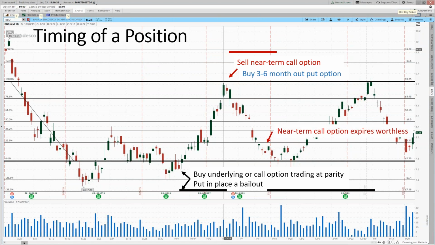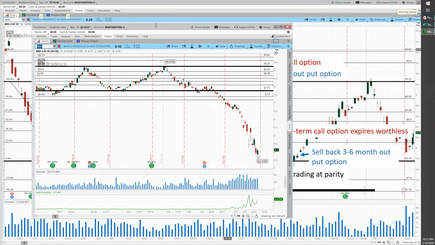That near-term call option is going to expire worthless. And at the next bottom, I'm going to sell back that put option. Now, here's where it gets exciting, because you all know that that symbol worked well until about 3 or 4 weeks ago.